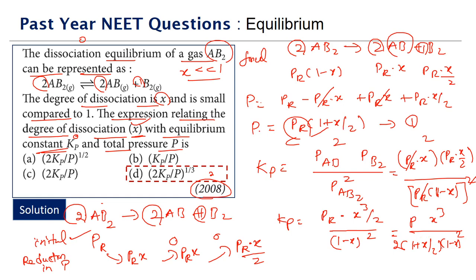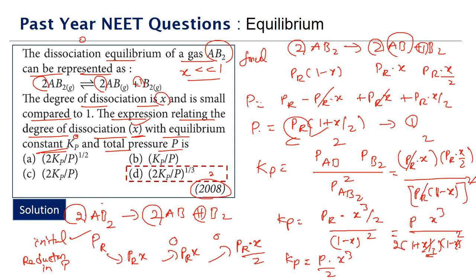Here we are clearly saying that the degree of dissociation X is small in comparison to 1, which means in the denominator 1 plus X by 2 can be neglected. Also in 1 minus X, X can be neglected. So Kp is equal to P into X cube by 2.